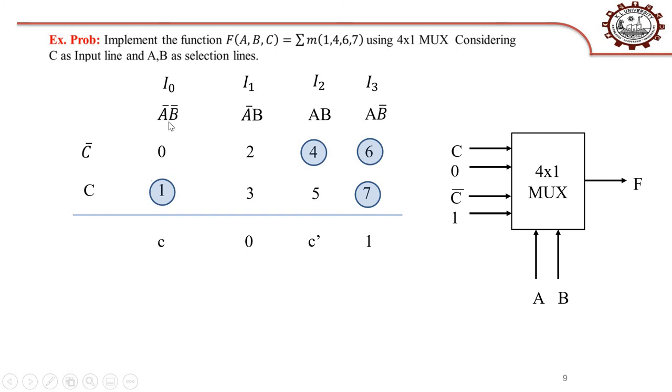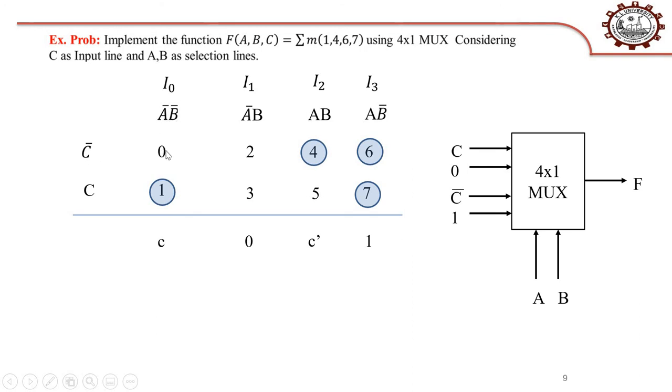Here the combinations are A bar B bar, A bar B, AB, and AB bar. Take 4 combinations for AB, and take C bar and C here. Now look at A bar, B bar, C bar. Just look at this particular position. This position is connected with C bar, A bar and B bar.